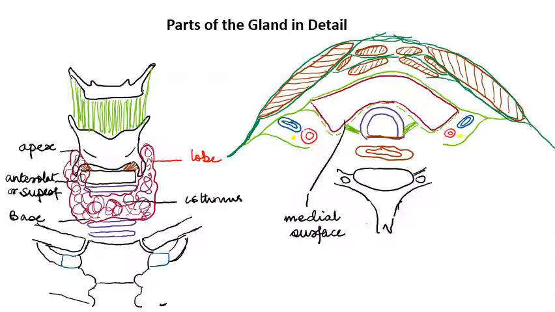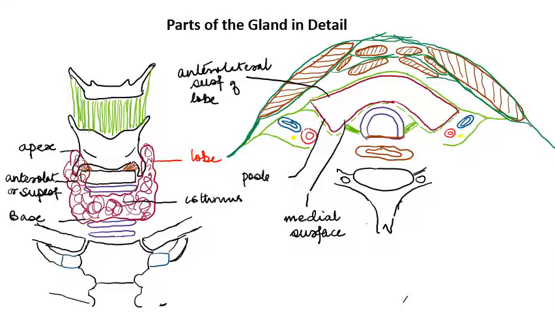Okay, back to the surfaces. So, this is the anterior lateral surface of the lobe. And this is the posterior lateral surface.